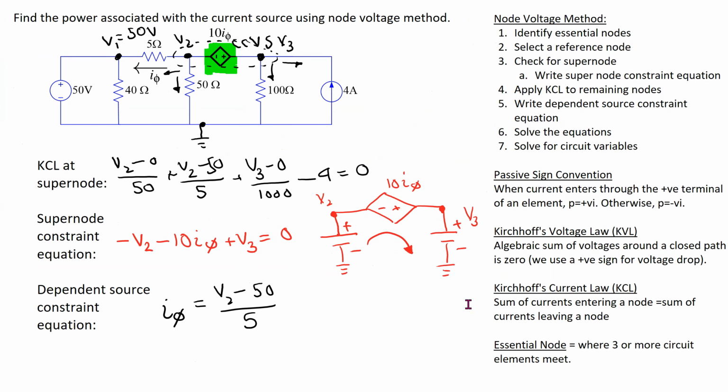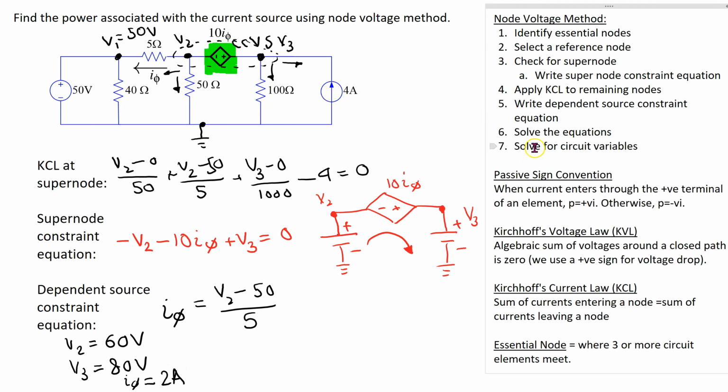The obtained solution is V2 is equal to 60 volts, V3 is 80 volts, and I phi is 2 amps.